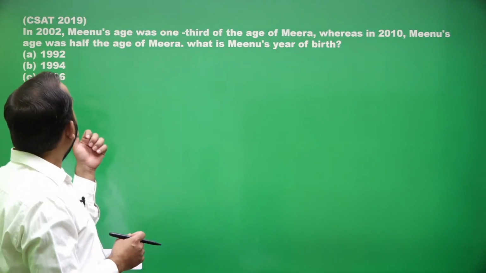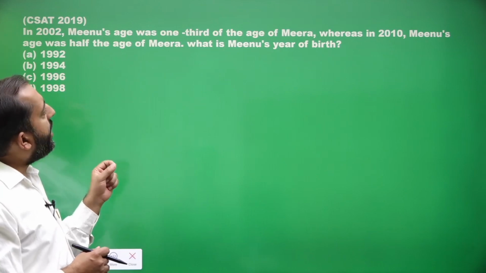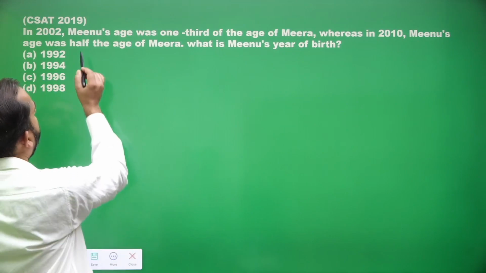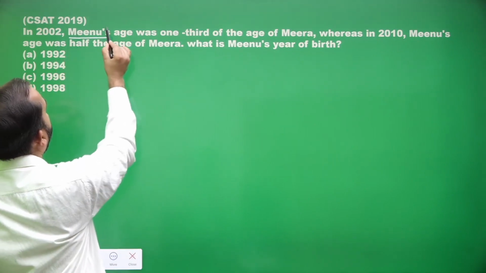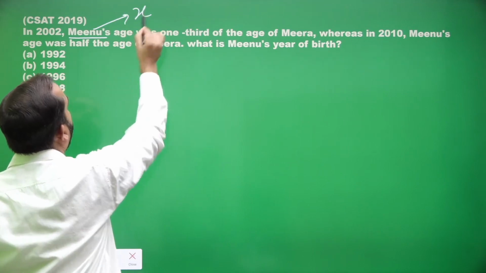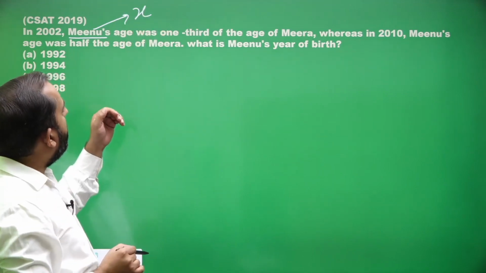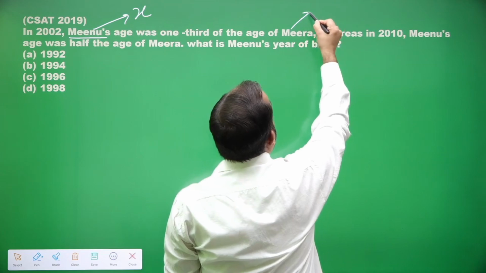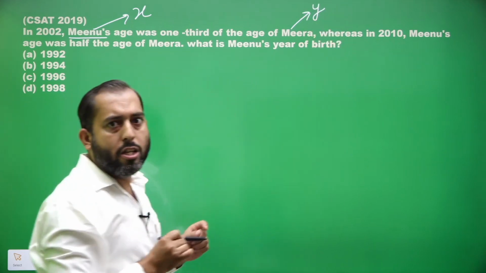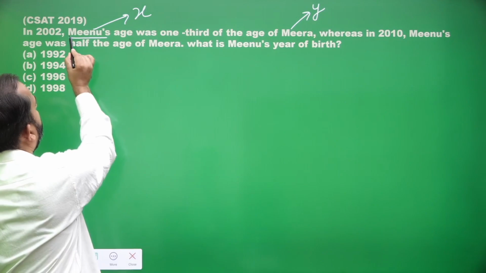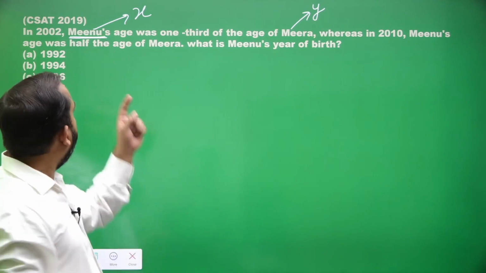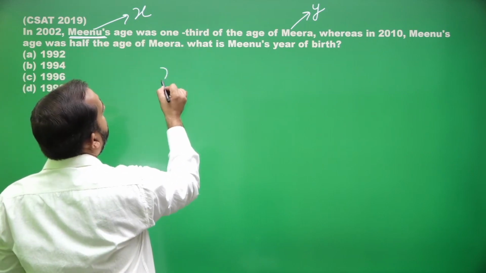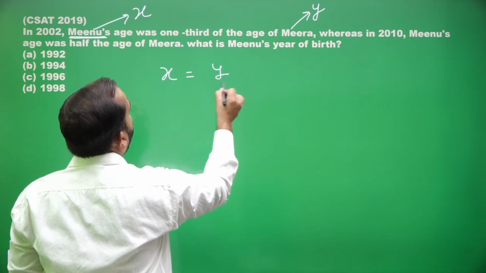It says in 2002, Minu's age was 1/3 the age of Mira. Suppose in 2002, age of Minu was X and age of Mira was Y. So as per this first statement, I can say X is equal to Y upon 3.